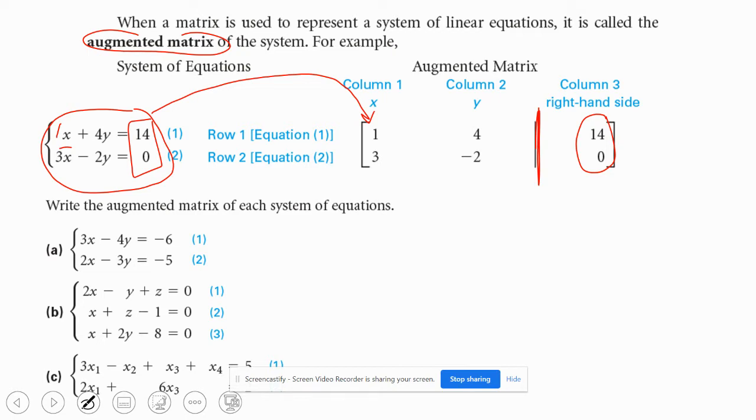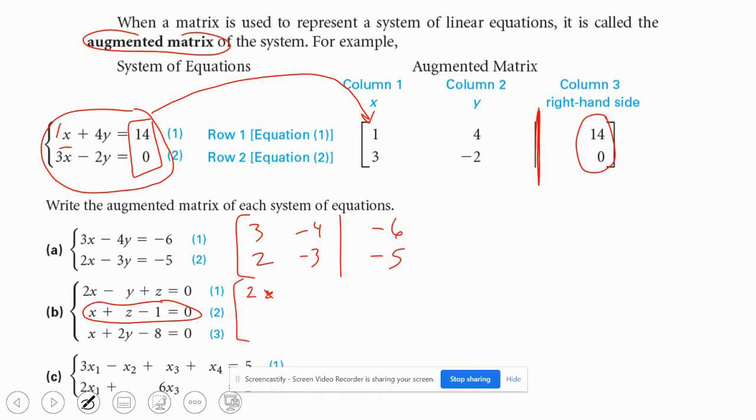Just a few examples. Augmented matrix would be 3, -4, 2, -3, and then -6, -5. The one thing you got to make sure of is that all of the constants have been moved to the right. Like in this problem, you need to move that 1 over to the right so that it is not to the left of the equal sign.